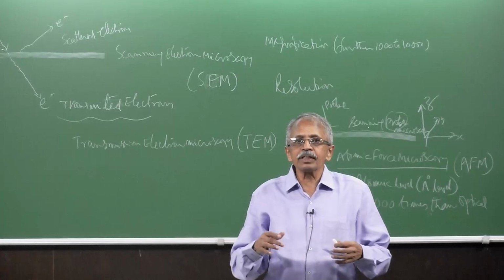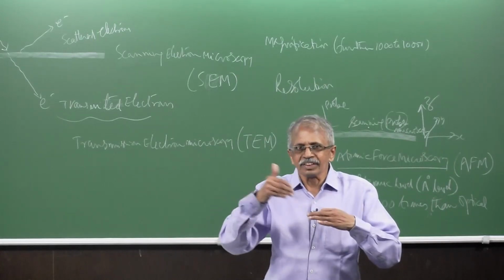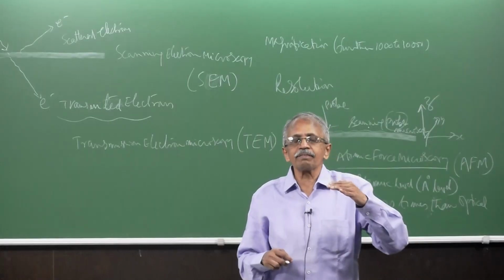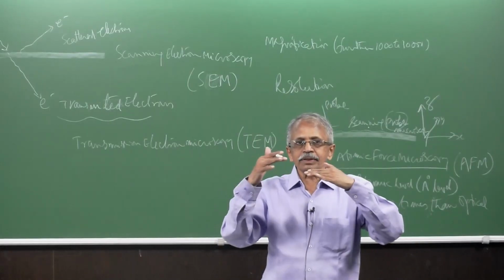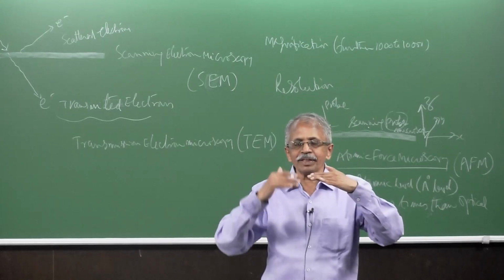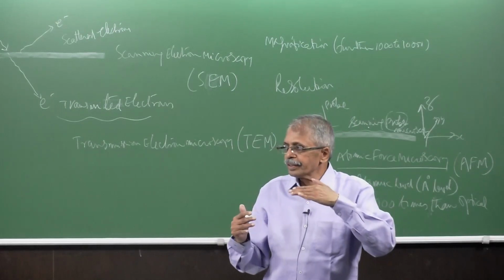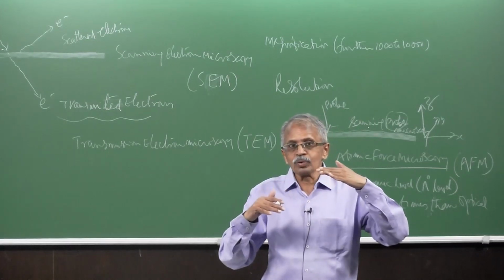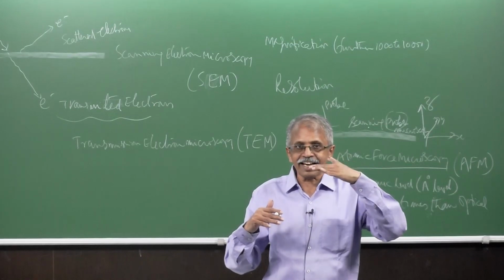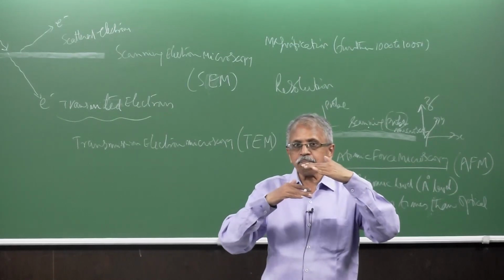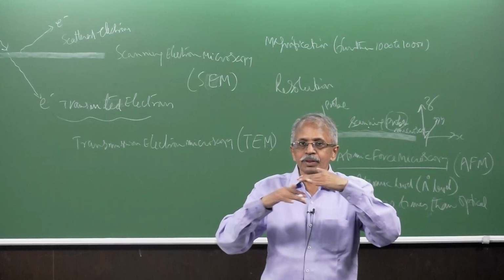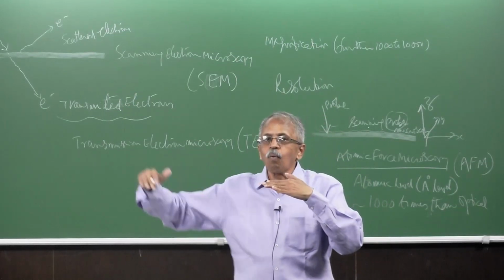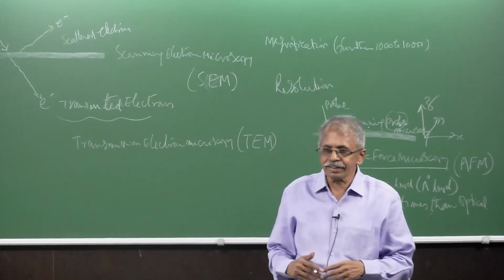So this is basically the atomic force, but not the nuclear forces that you are thinking about. This requires a very precise geometry, precise electromechanical movements, which are the piezoelectric based ones. Then you need to move either the probe or the tip or the sample in different directions, so that you can get into X, into Y, into Z, so that you are walking on a surface kind of thing.